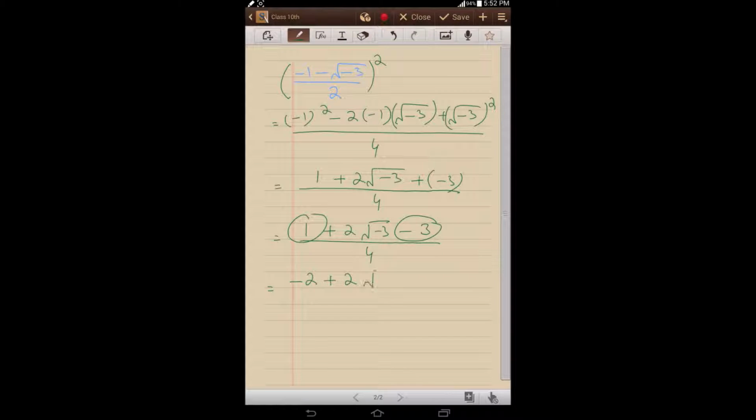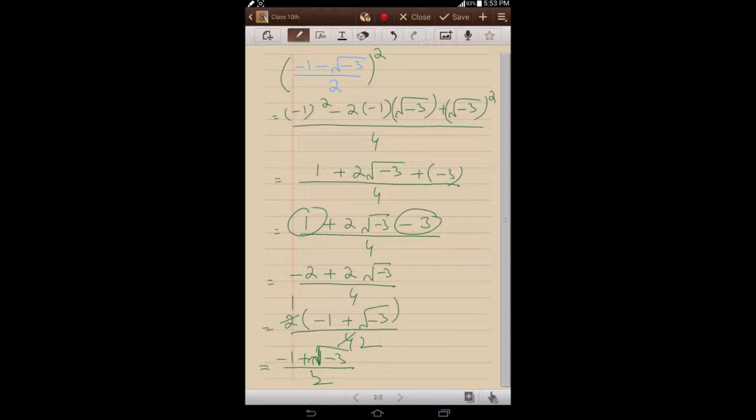Let's take 2 common from here: 2 times -1 plus √-3 divided by 4. 2 ones are 2, 2 twos are 4. So we can write it as -1 plus √-3 divided by 2. So this will match with the other part. Hence proved that each complex cube root of unity is the square of the other one.